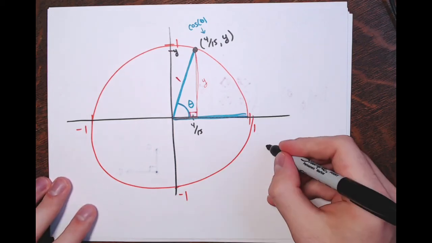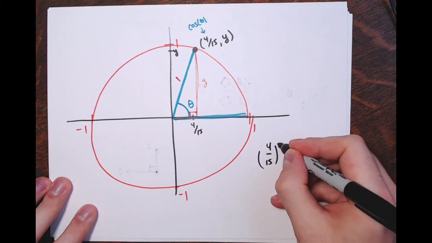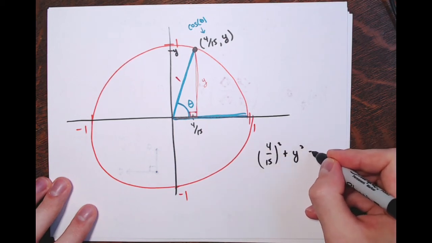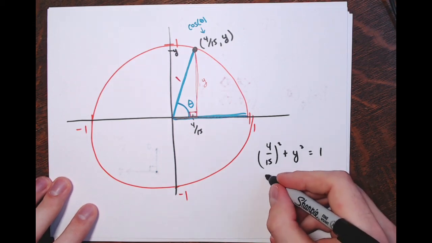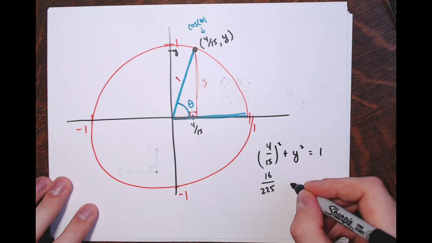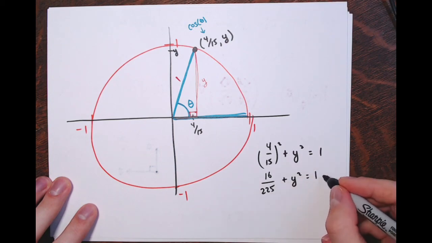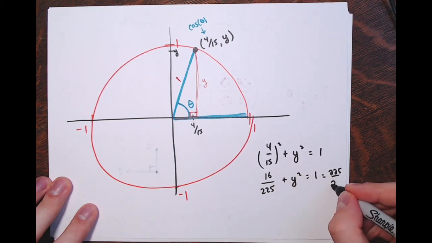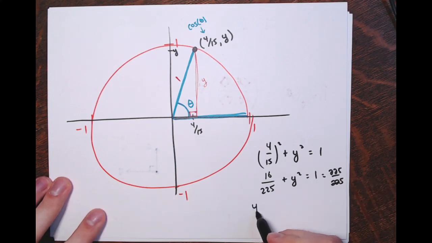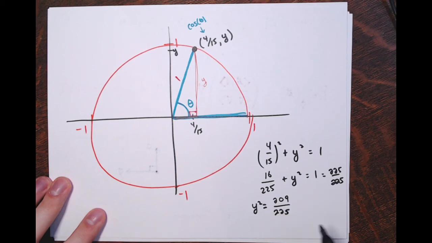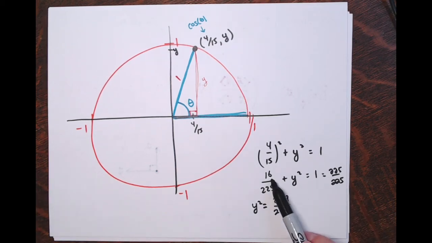All right, 4/15 squared plus y squared should be equal to 1 squared. This is 16/225 plus y squared equals 1, which is 225/225. You need to get a common denominator here because I'm going to be subtracting. So y squared equals 209/225. Right? When I subtract 16 from 225, that's 209.